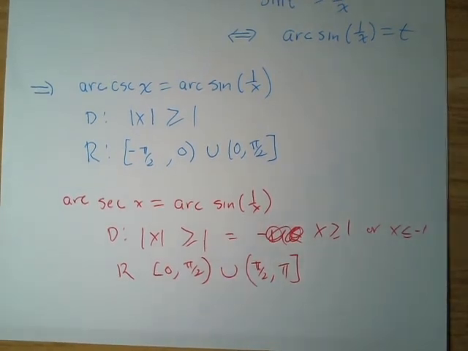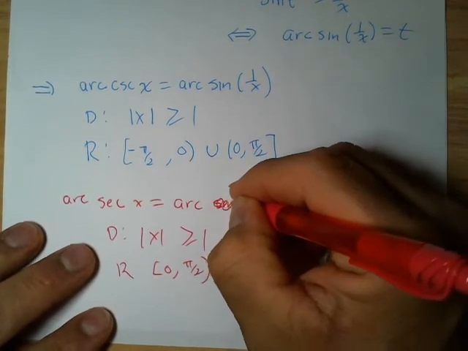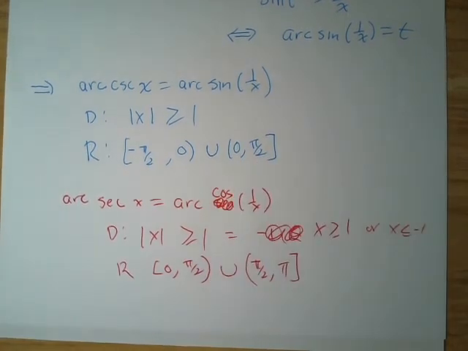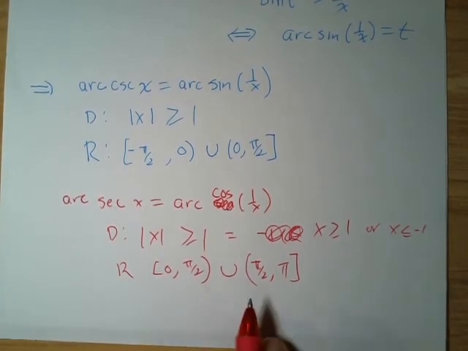Again here, excluding pi over 2, because that's where the cosine gives a value of 0.